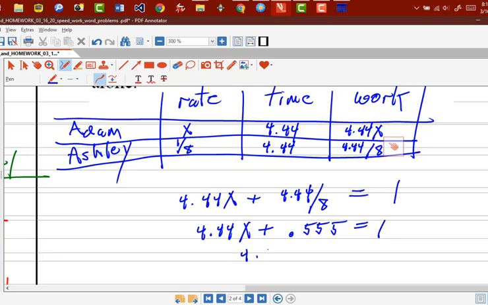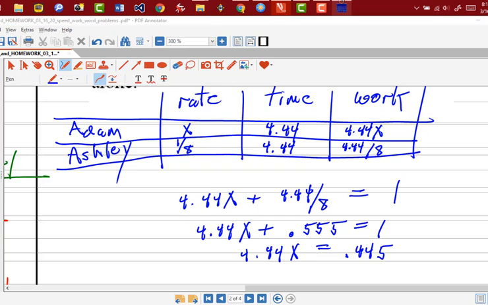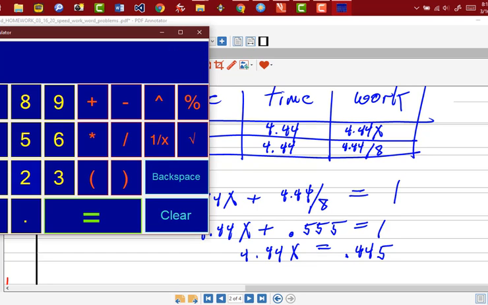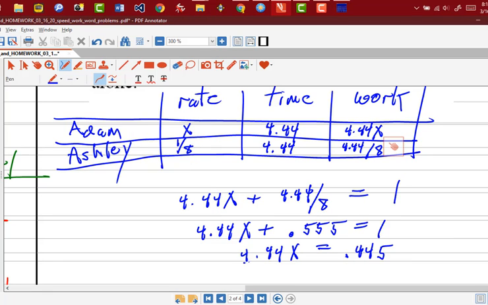And I get 4.44x equals, I believe, if I subtract 0.555 from both sides, I'm going to get 0.445. Well, I better do it on my calculator just in case. Yes, I was right. Divided by 4.44.